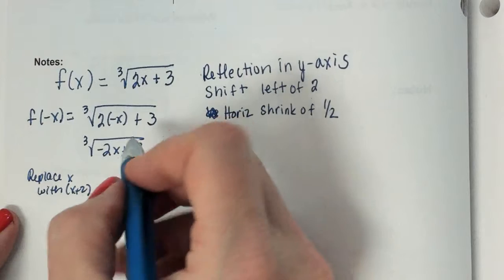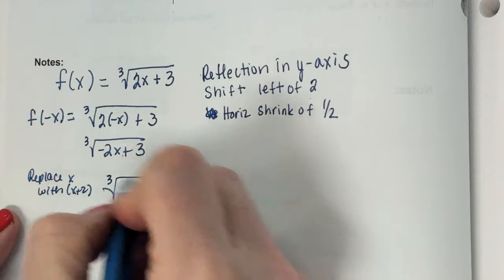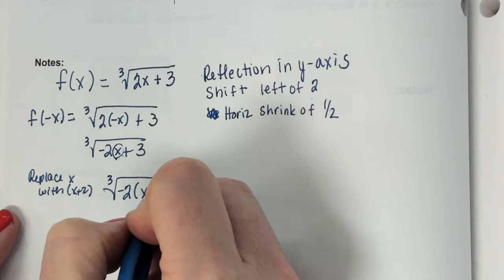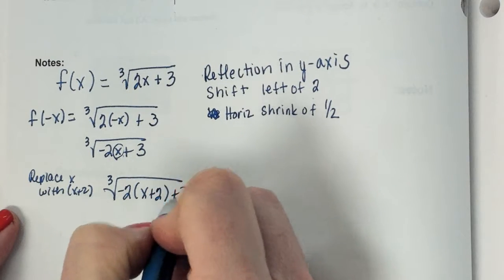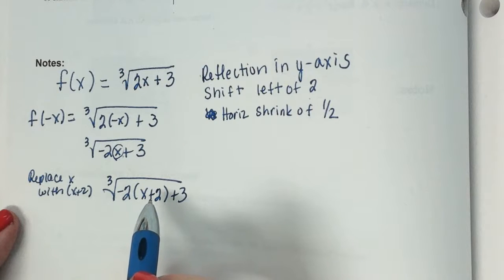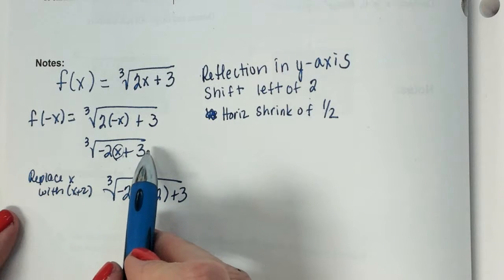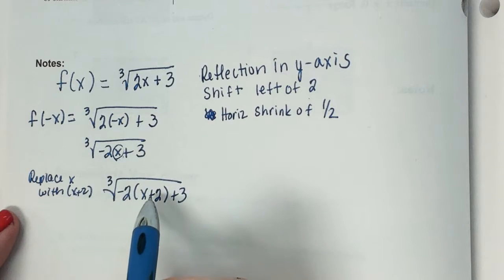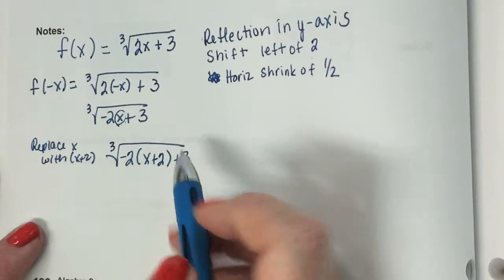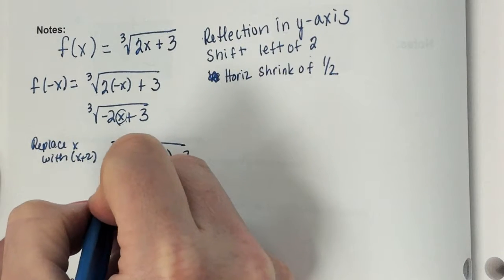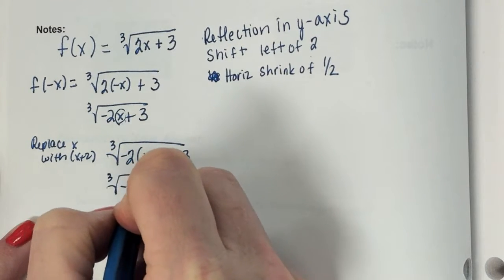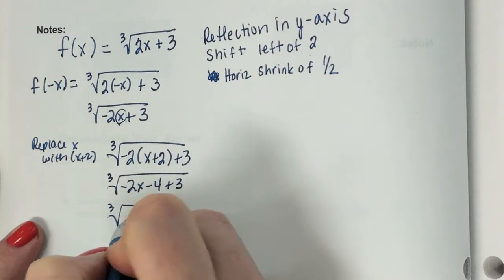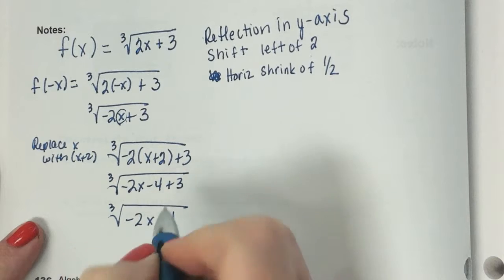So wherever I see that x, I have to replace that x with x plus 2. That's going to be a shift to the left of 2. It's not that I just put plus 2 out here and get negative 2x plus 5. That is wrong. I have to replace the actual x with x plus 2. So now I'm going to have the cube root of negative 2x minus 4 plus 3, which is the cube root of negative 2x minus 1.